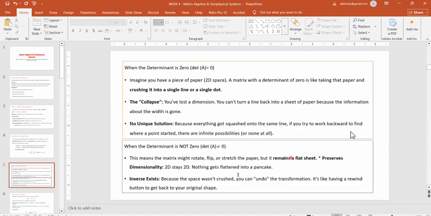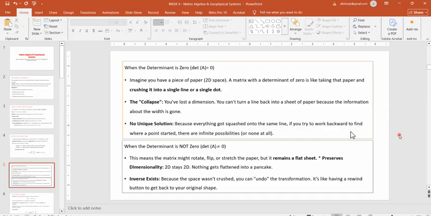In that case, you can do an inverse operation. Because the space wasn't crushed, you can undo the transformation. If you apply a force to anything and that thing did not crush, by the time you remove your force, it gains back its original position. It's like having a rewind button to get back to its original shape.